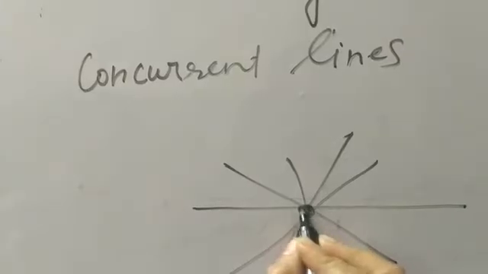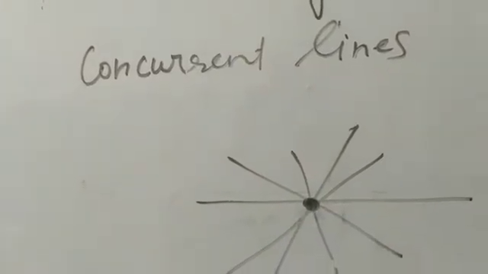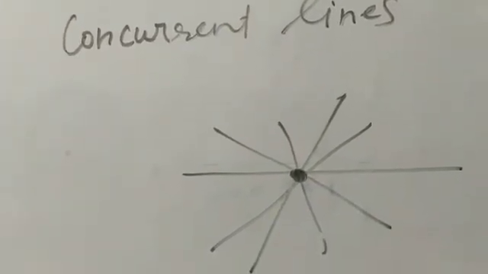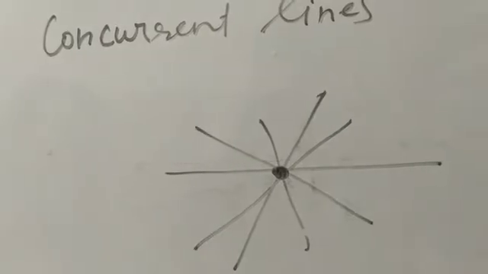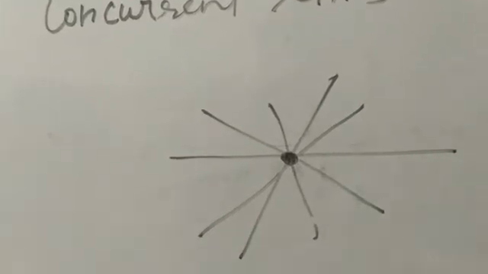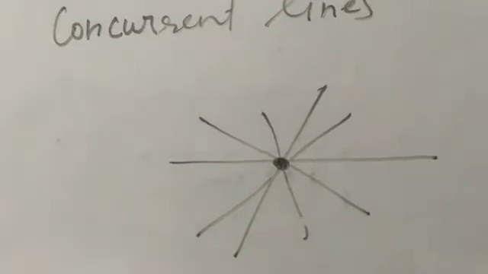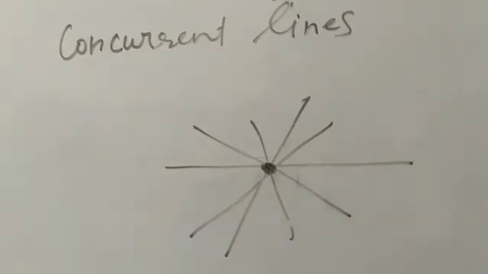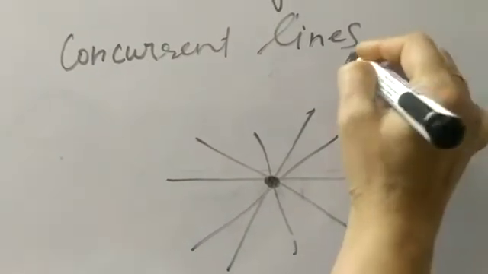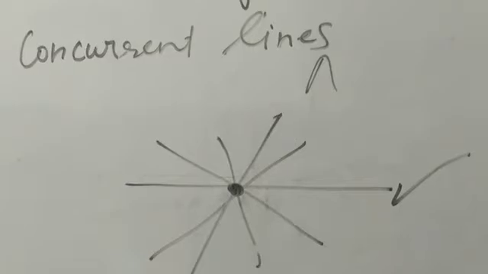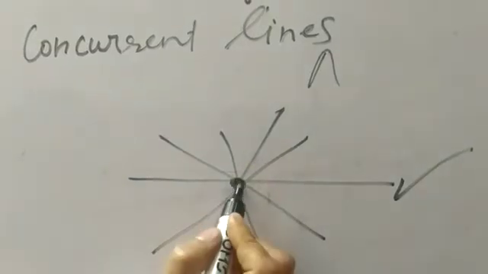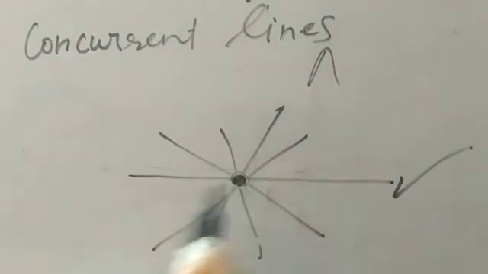And this point, जिस point पे ये मिलती हैं, that point is said to be your point of concurrence. Okay? So three or more lines in a plane which pass through the same point are called concurrent lines. And the point through which these lines pass is said to be the point of concurrence.